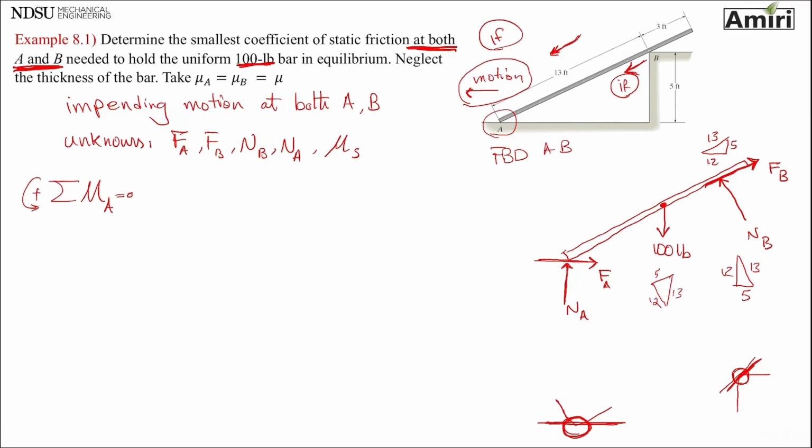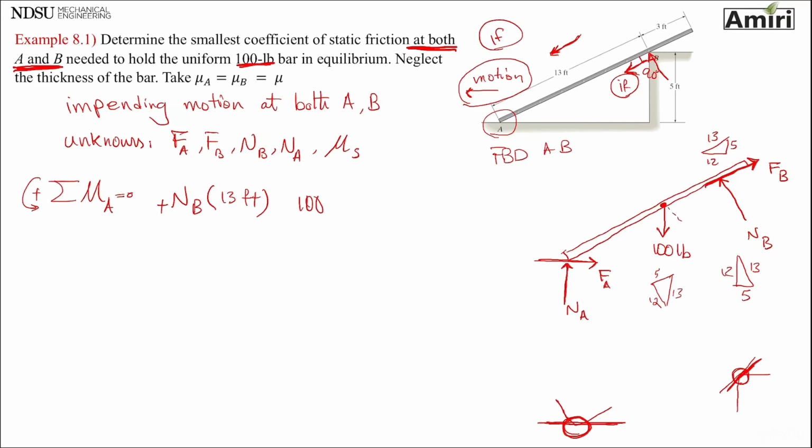I have NB, the perpendicular distance. This NB is perpendicular 90 degrees, so that distance is 13 feet, and that is plus. I have 100.